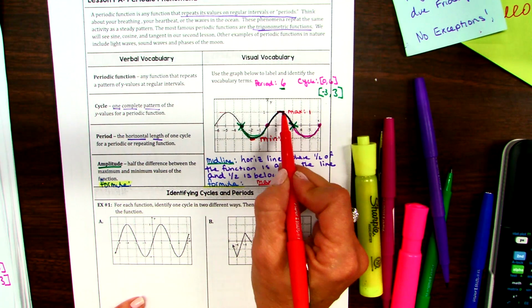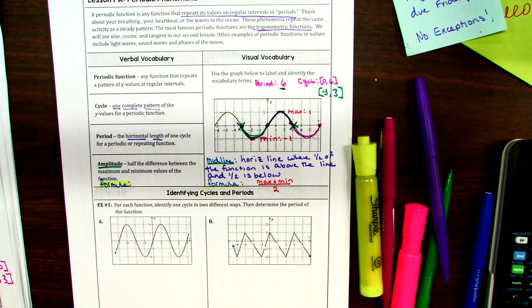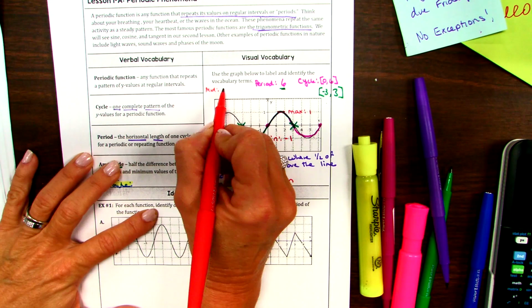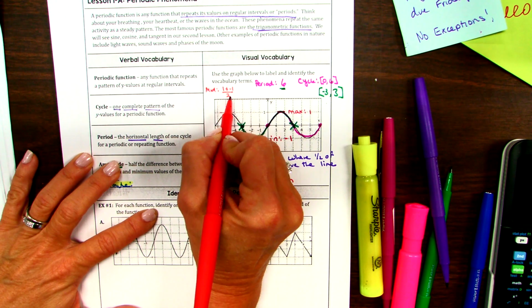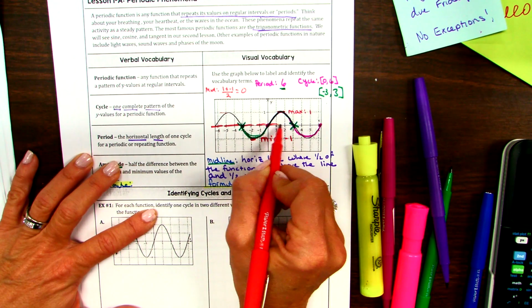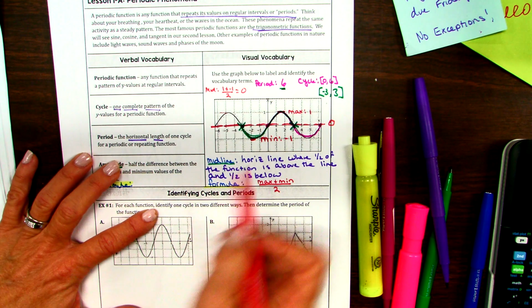That's my max 1, min -1. If I add 1 plus -1 together and divide by 2, I would get 0, right? So the midline of this graph would be 1 plus -1 divided by 2, which gives you 0. So this graph has a midline of 0. And you didn't even need a formula for that on a graph like this.